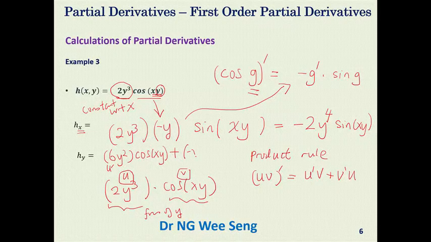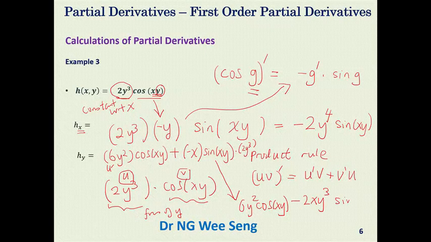That will give us minus x sine xy, and then multiplied by u, which is 2y cubed. We can simplify this expression to get 6y squared cosine xy and then minus 2xy cubed sine xy.